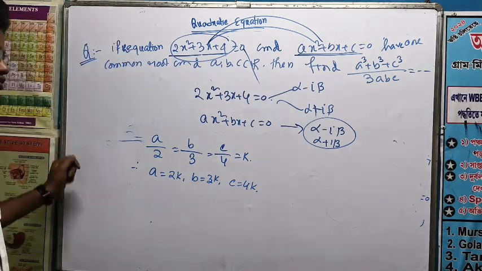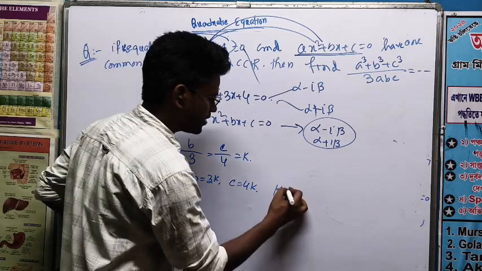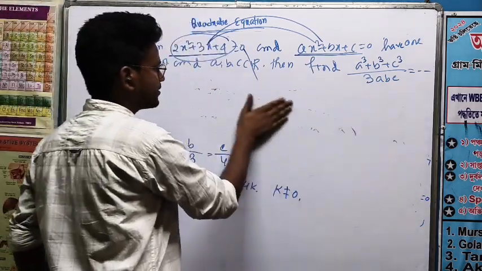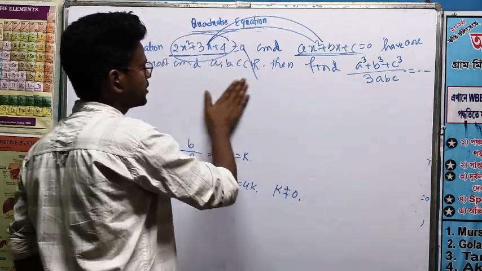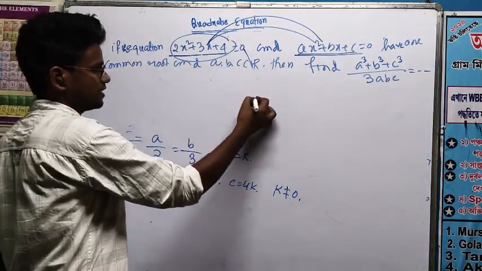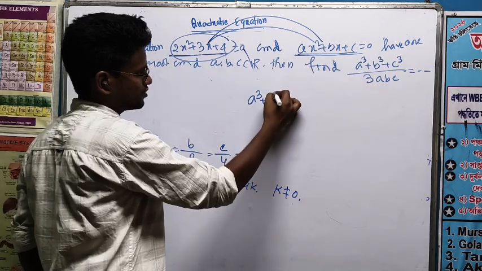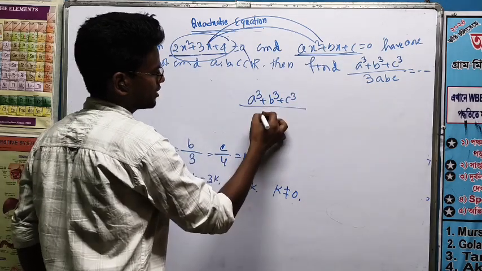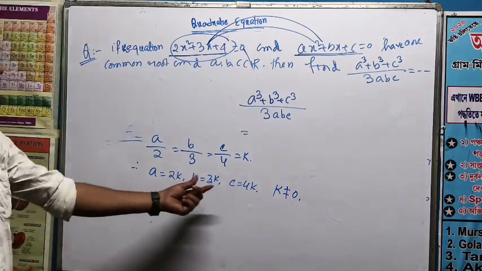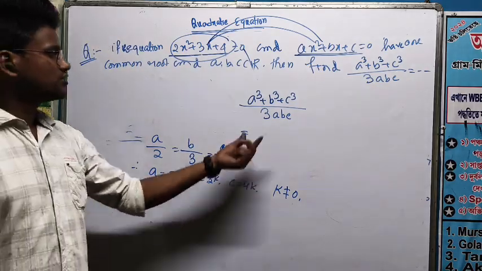Obviously k is not equal to 0. The required expression is a cube plus b cube plus c cube by 3abc, so we will put the values of a, b, c here.